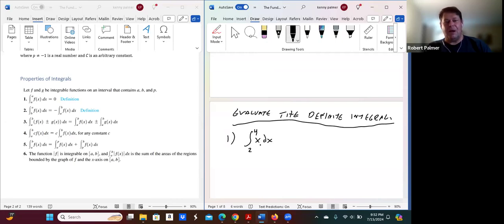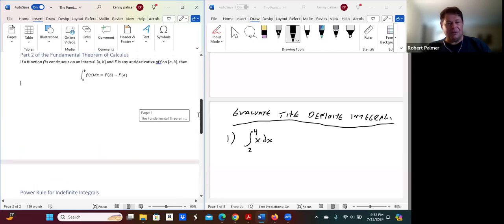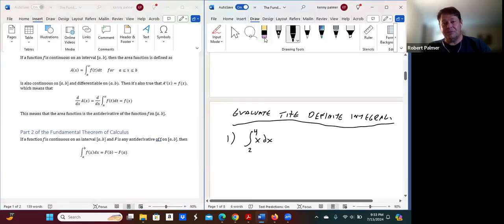Okay. Now, look back at our fundamental theorem of calculus. Well, it's mainly going to use the second version, part 2. What the rule says is that this is going to be equal to its antiderivative of x evaluated at 4, the upper bound first, minus the antiderivative evaluated at the lower bound.